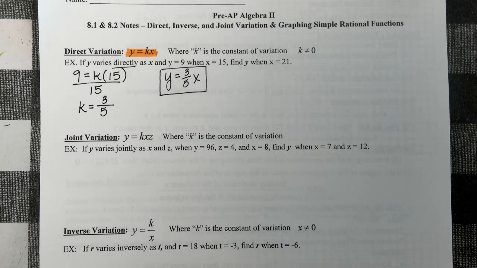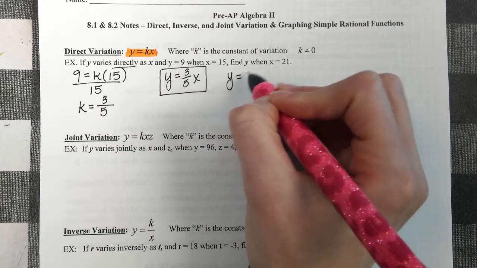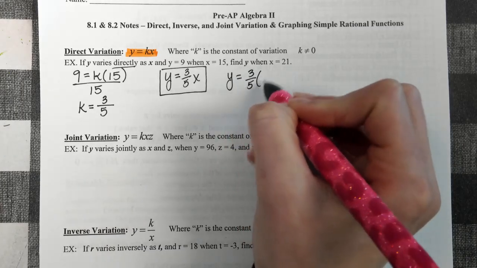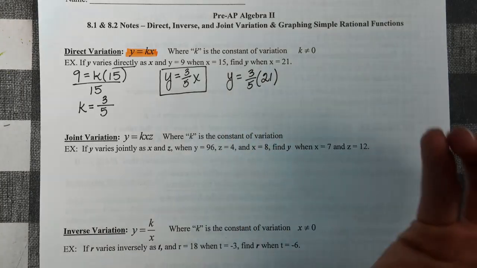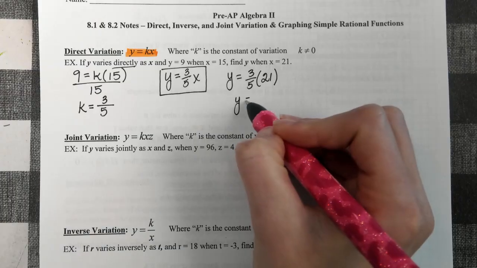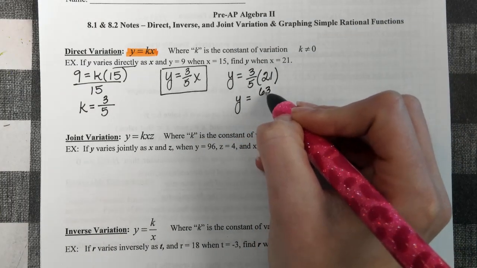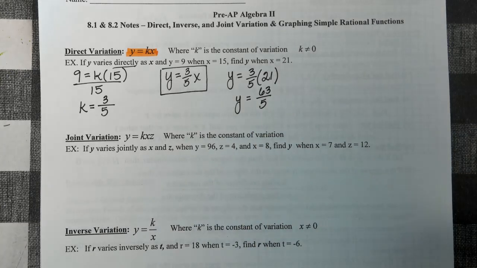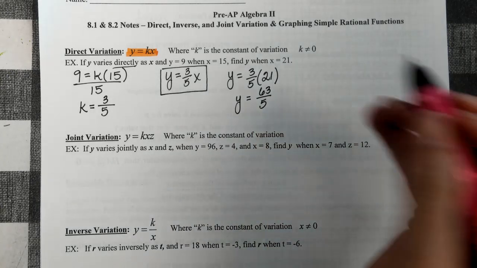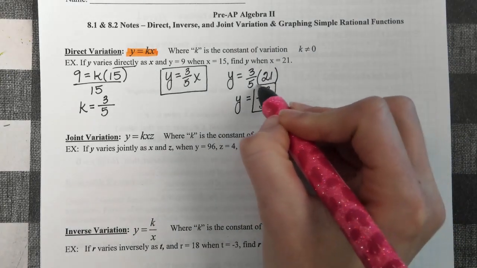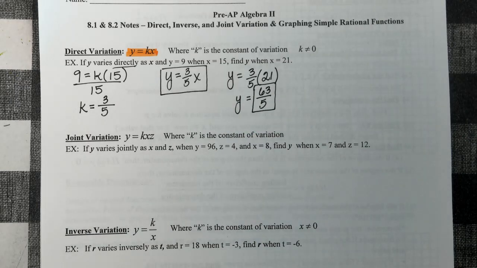And then we're going to find y when x equals 21. So you're just plugging in 21 for x. So y equals 3/5 times 21, which should give you, hopefully, 63/5. Very simple. Okay.